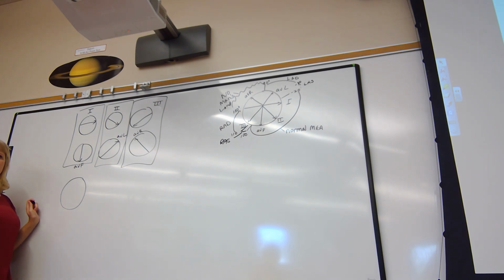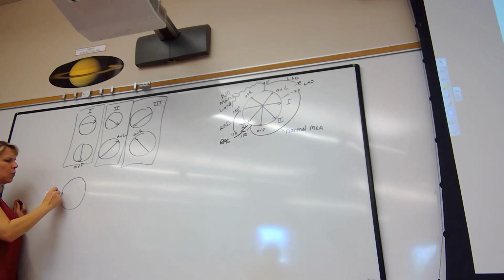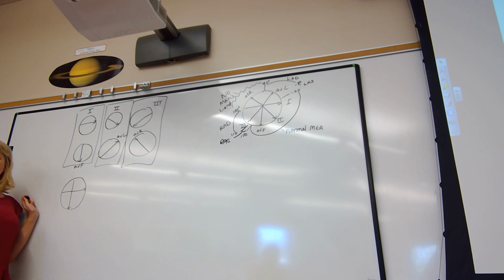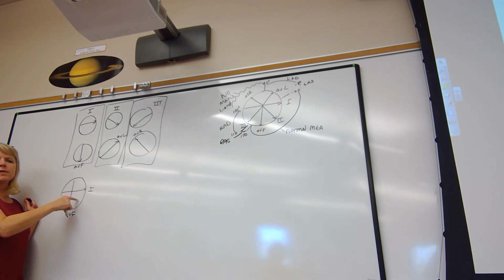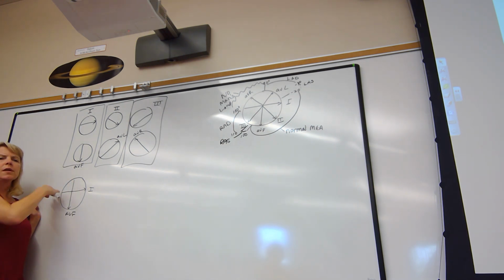That means two axes. I can draw lead 1 and AVF in the same circle. That's biaxial. When I do that, I get my circle cut into 4 equal quadrants, 4 sets of pi.